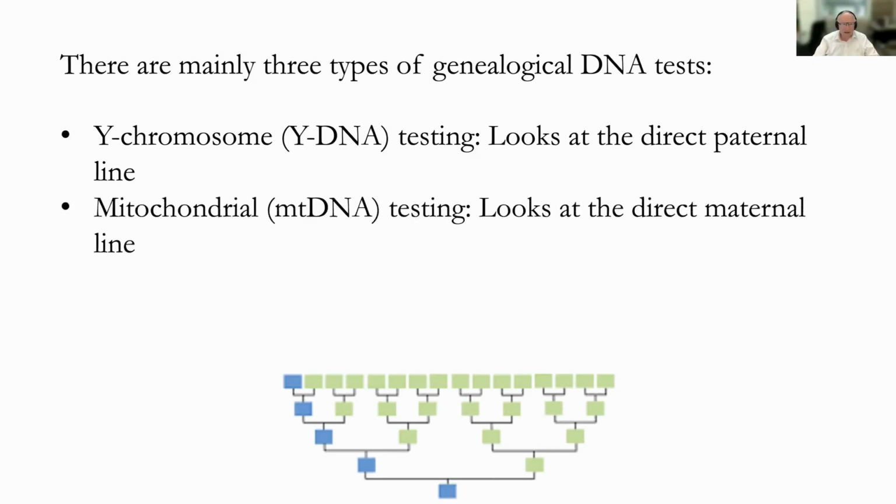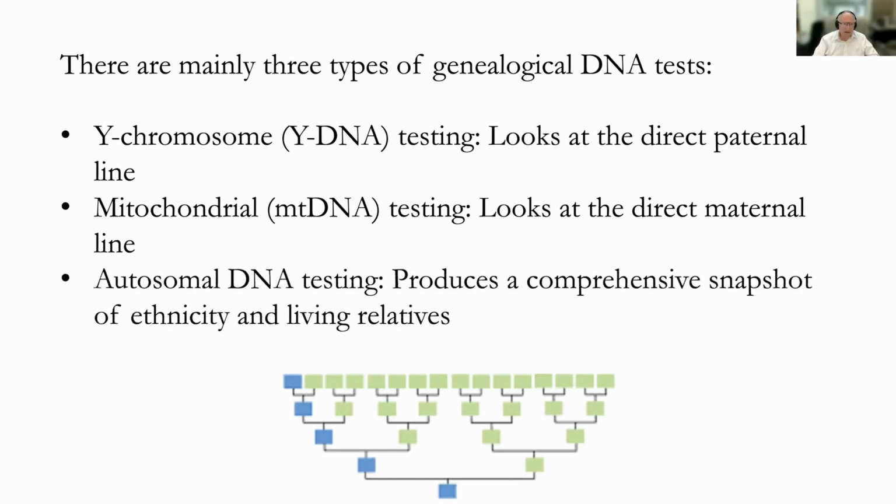The one that's most common is the mitochondrial or mtDNA testing, and that looks at the direct maternal line, and that is also the same restrictions. You've got to fit mother back.